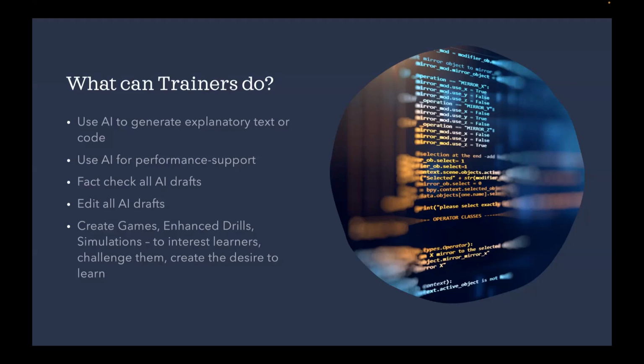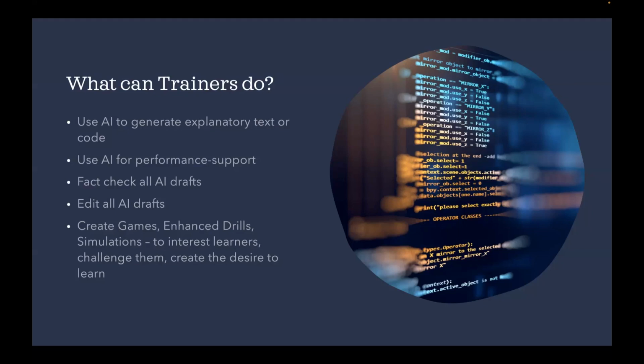And that saving of time we can put towards creating games and enhanced drills and simulations that provide motivation, that challenge our learners, increase their interest, and also engender in them the desire to learn. And so the savings that we can realize in terms of time and development, we can put towards creating more engaging learning experiences for our learners.